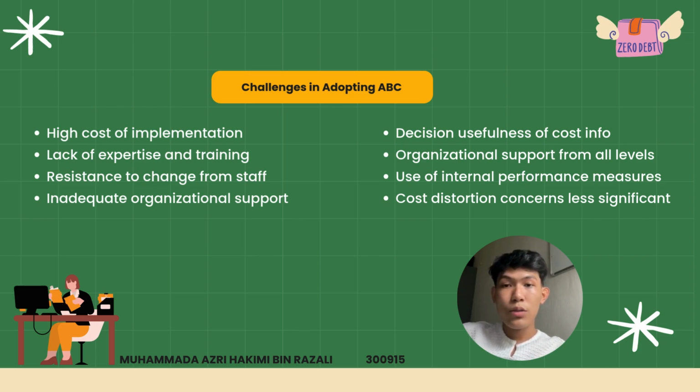Staff who are used to traditional methods may be hesitant to adopt a new system, especially one that appears more complex. And for the last, lack of organizational support, especially from top management. Without leadership and clear communication, ABC implementation often fails to get off the ground.